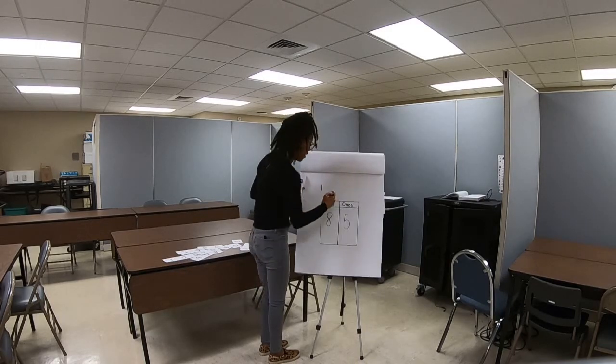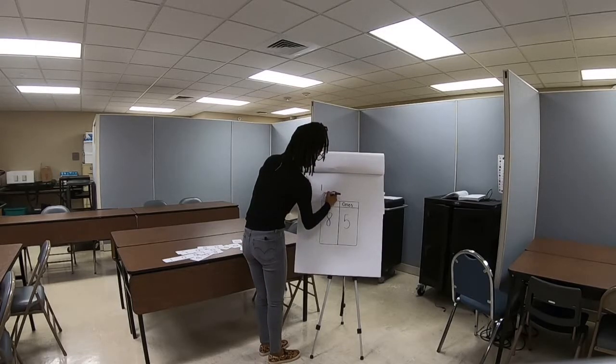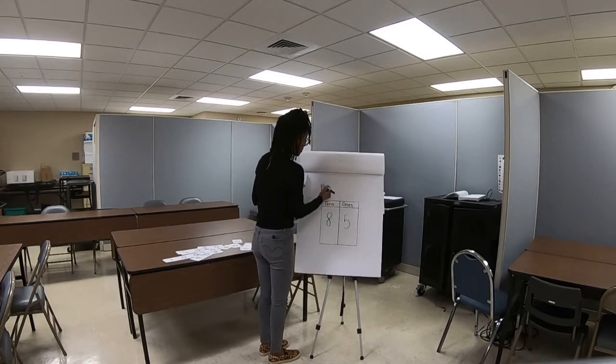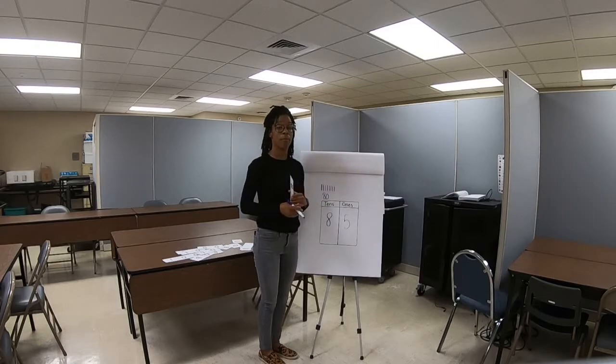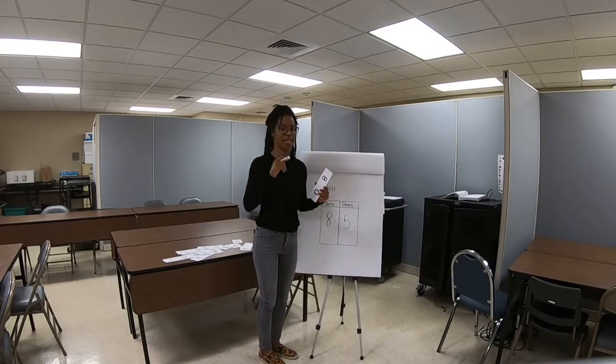Well, let's go ahead and write our 80. You have 10, 20, 30, 40, 50, 60, 70, 80, okay? And we also have to add our 5 ones. This time, we're going to draw them in a 5 group row, and guess what?